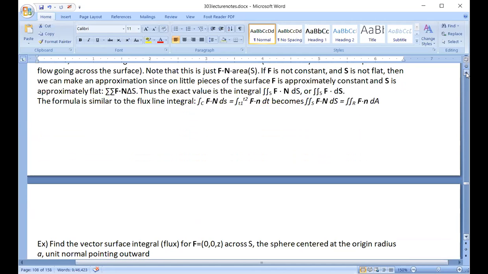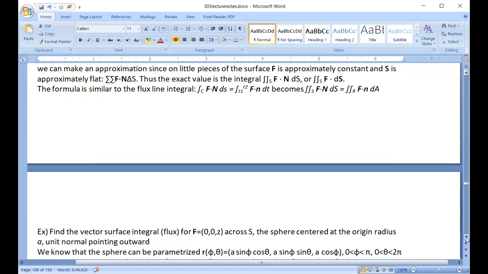The first thing we're going to need is a parameterization. We know that the sphere can be parameterized, and we're going to borrow our parameterization, as always, from spherical coordinates. Normally there would be three variables that we use to parameterize a sphere, but we know our sphere has radius a.